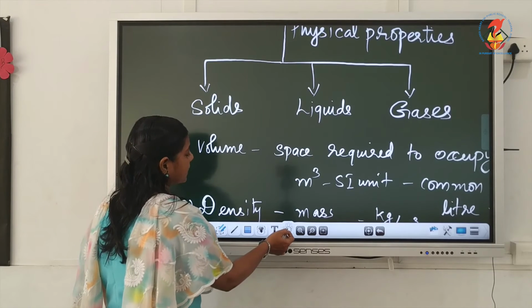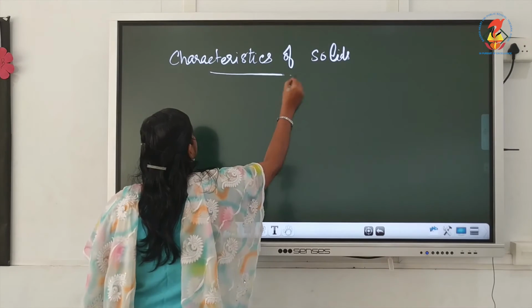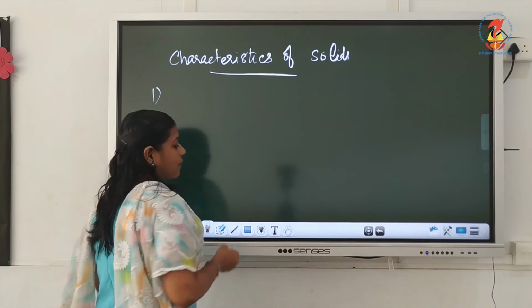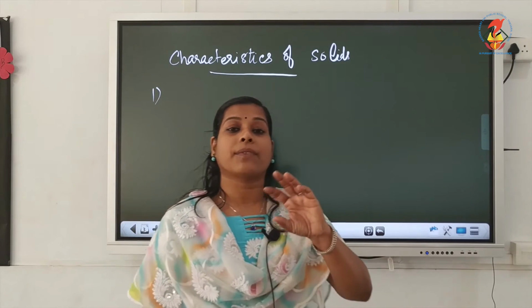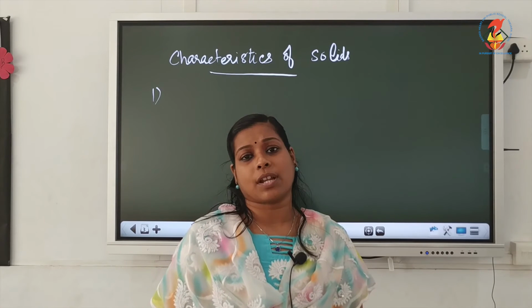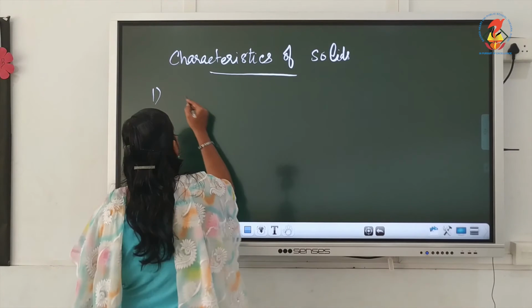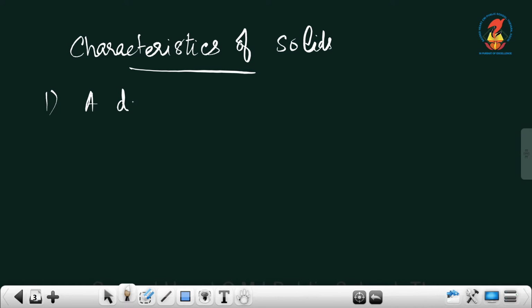First of all, we can see the properties of solid state. When we discuss the solids characteristic, first of all we can see the shape of the solid materials. All these solid materials possess a particular shape. So we can say that solids have a definite shape. And what about the boundaries?